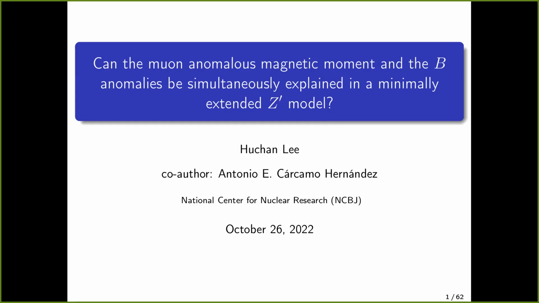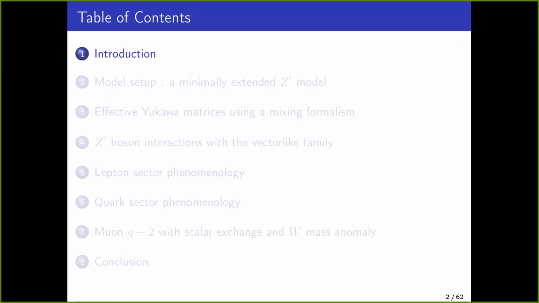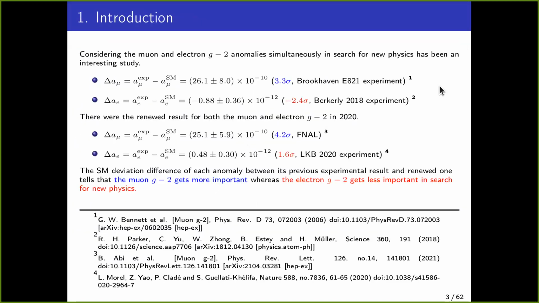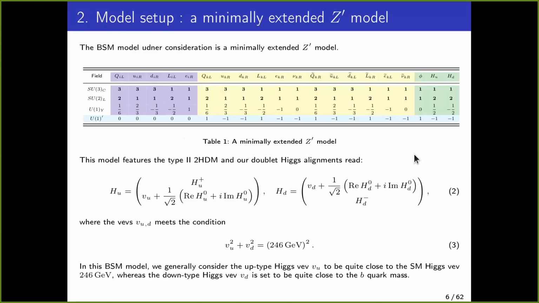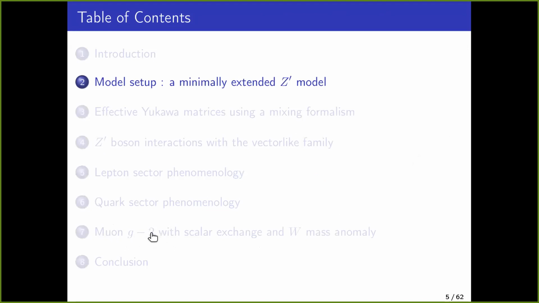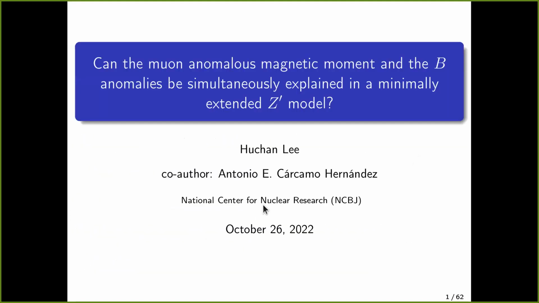No, definitely, we have additional contributions from this down-type Higgs, the additional Higgs or something like that, and it will be covered in chapter 7, muon g-2 with the scalar exchange. But up to this chapter 6, what we want to see is whether the muon g-2 and the P anomaly can be simultaneously explained with a Z prime. That is the reason why we focus on the Z prime most.